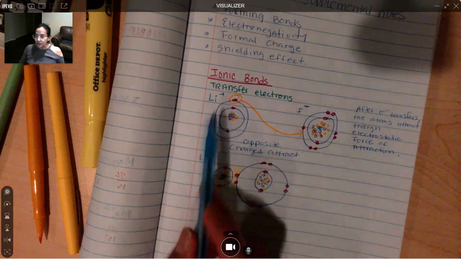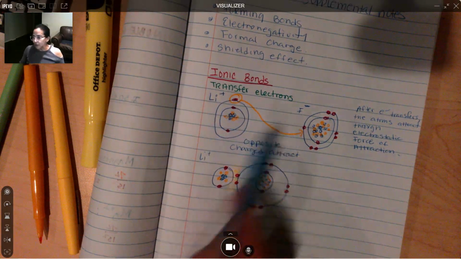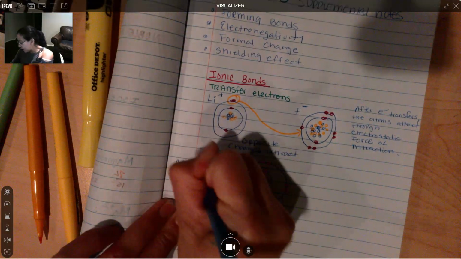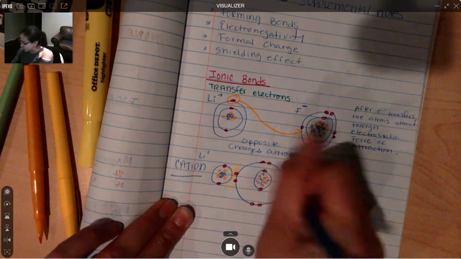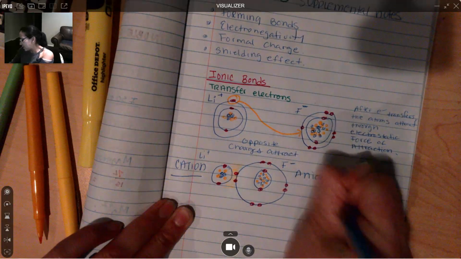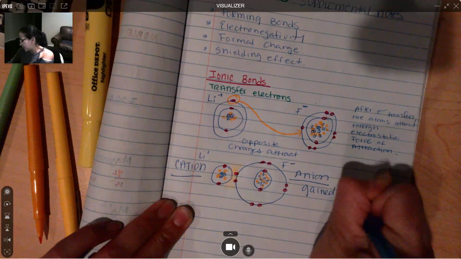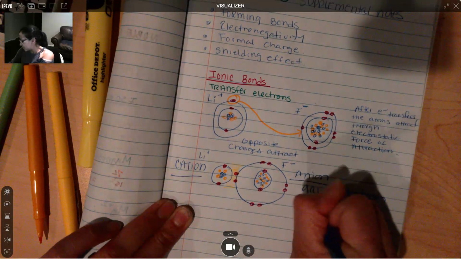All right, so this right here, lithium was a metal and it lost an electron, right? And once it loses an electron, we remember it's called a cation. And then fluorine, when it gains an electron, so this is fluorine with its gained electron, it's known as an anion, right? So now it has a negative charge.